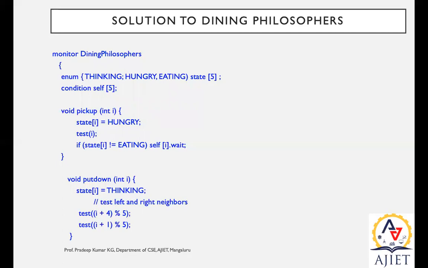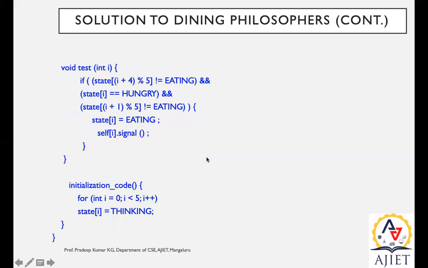Any other clarification on this? Doubt or clarification? So we make use of this test when hungry, to check whether it obtained both chopsticks. Otherwise it waits until it gets them, and once it is done, it moves to the signal.